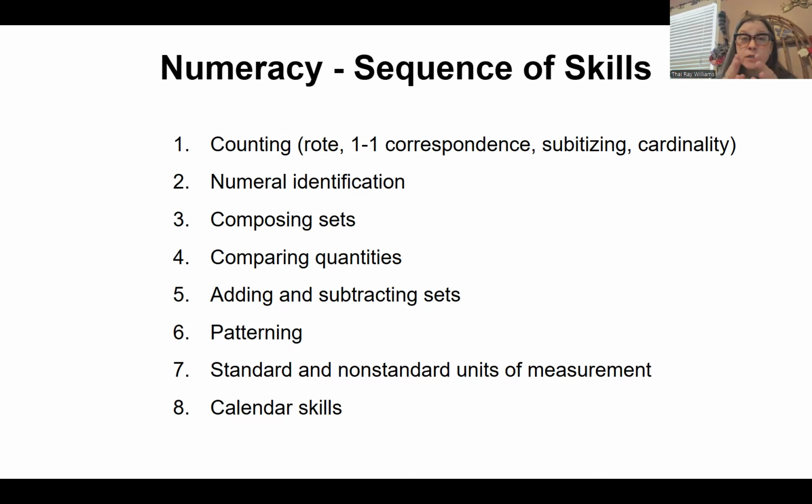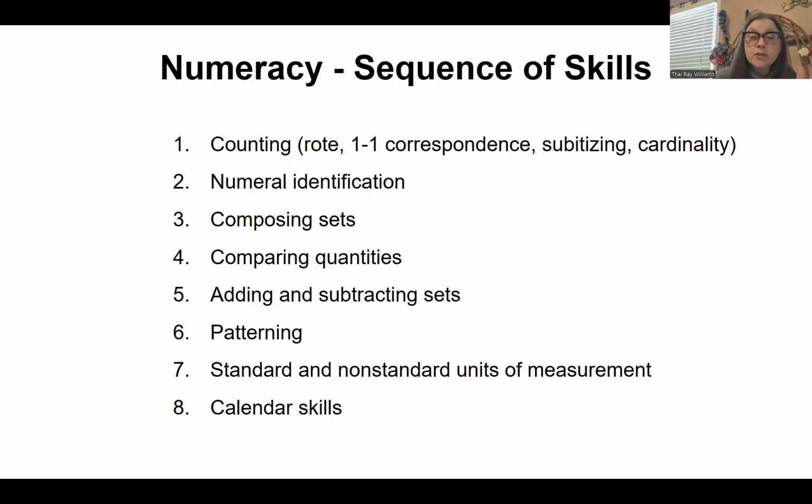So the sequence of skills in numeracy are counting, numeral identification, composing or making sets, comparing quantities, adding and subtracting sets, patterning, standard and non-standard units of measurement, and calendar skills. And we're going to talk about each of these individually, but I want you to look at them as a whole.